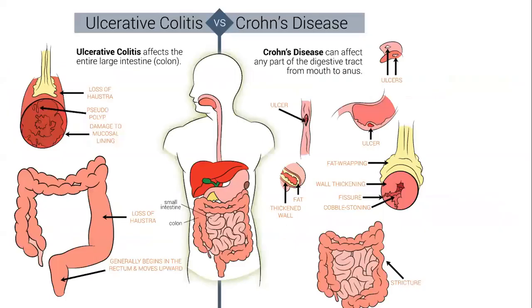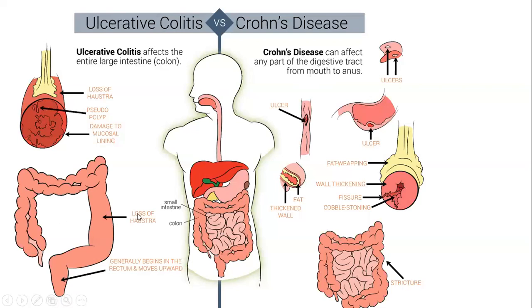What next? This is our GIT, gastrointestinal tract. This is the small gut, and this one is the large gut, or colon. In the case of ulcerative colitis, it affects the entire large intestine. In the case of Crohn's disease, it can affect any part of the digestive tract from mouth to anus.